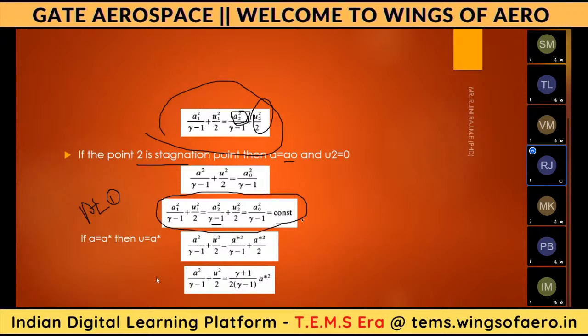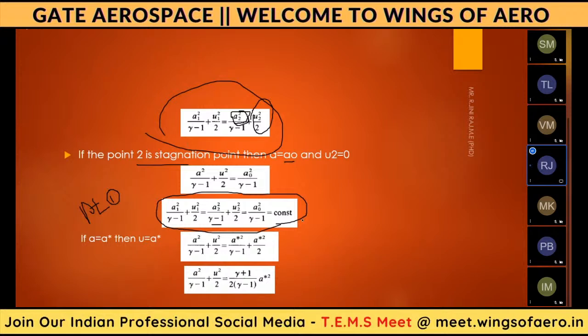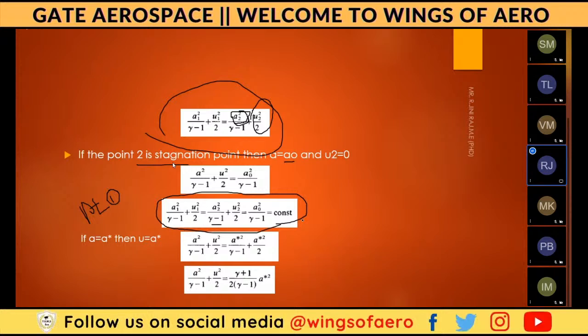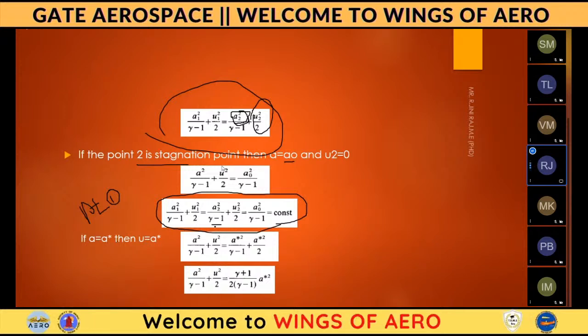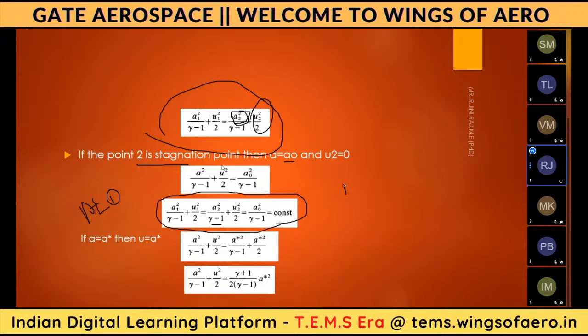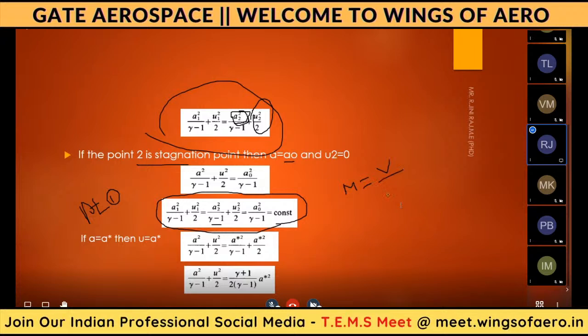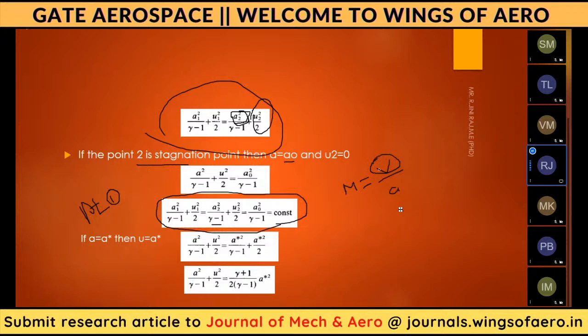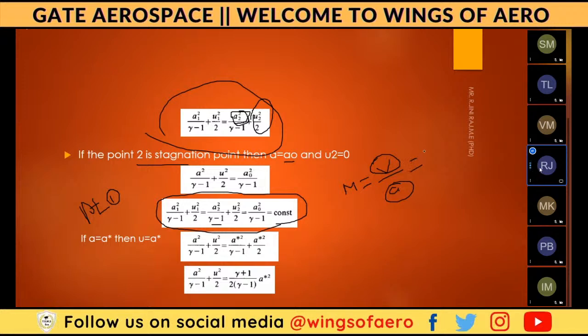First I fixed the point as a stagnation point. Now I am fixing the point as a equal to a star, then u will be equal to a star. This a star means the characteristic Mach number, which we will see later, but for now, we know the Mach number equals v by a. Suppose the velocity of the object is the same as the speed of sound, then we will get the value 1.